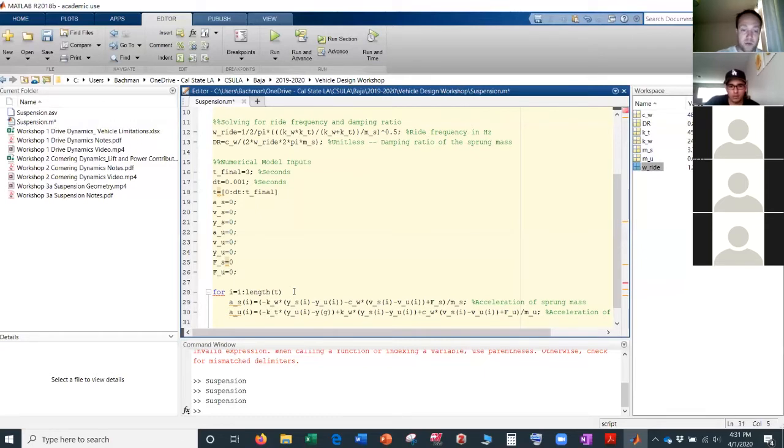Now what we want to do is calculate the new position. So the velocity of the sprung mass at the next step in time is going to equal the acceleration of the sprung mass times dt, the time step, plus the velocity of the sprung mass at this time.